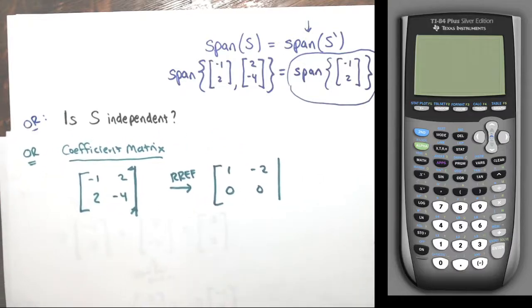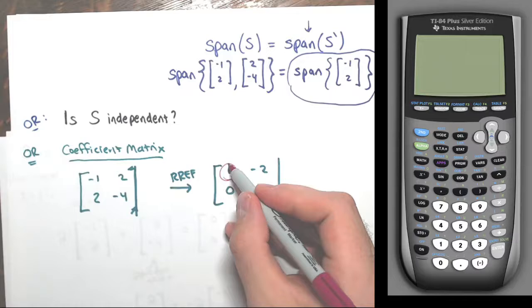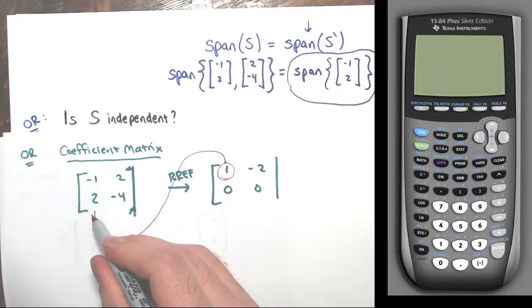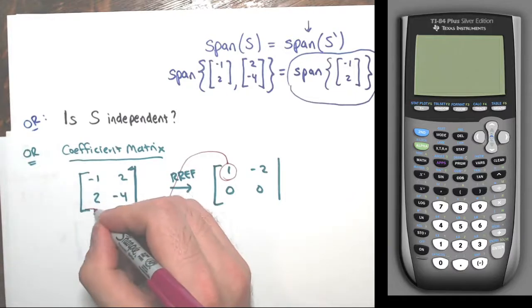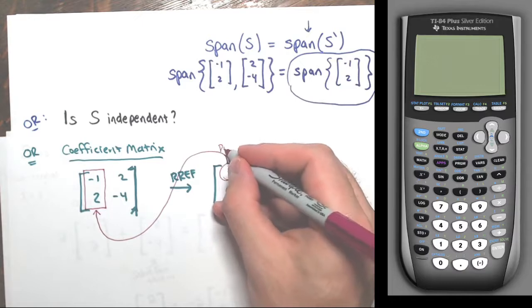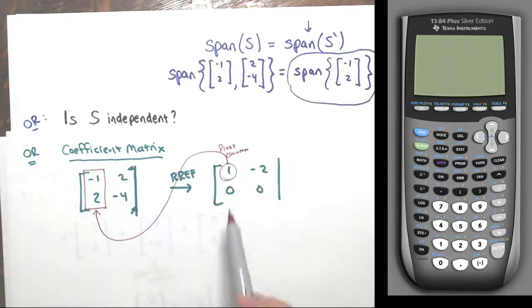And you'll see when you put the matrix in reduced row echelon form, again, remember the pivot columns in reduced row echelon form? Here's a pivot column. So this corresponds to a set of independent vectors from S. The pivot column, the first column, corresponds to your minimal spanning set.